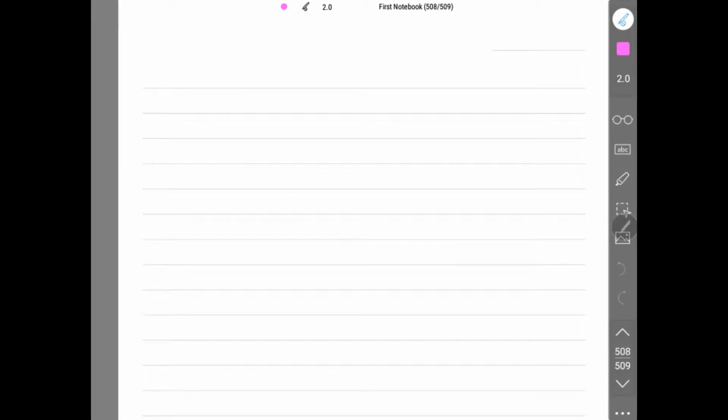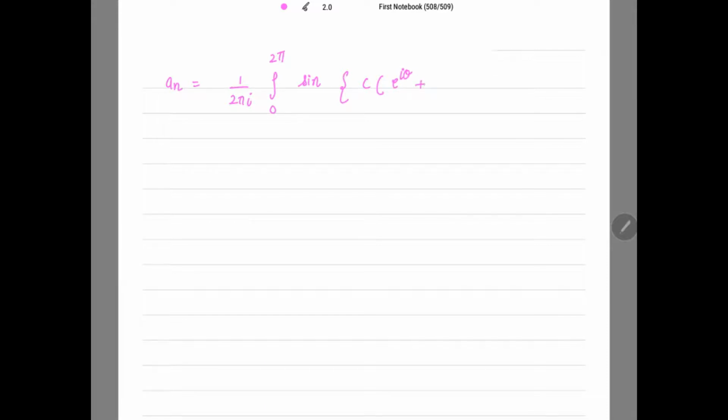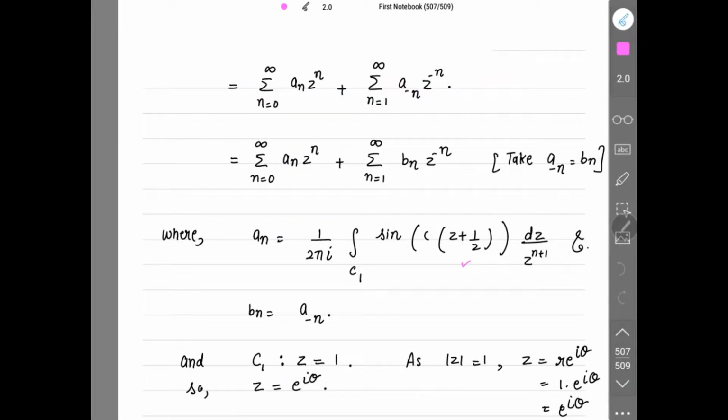So I am putting the values now. a_n is equal to 1 over 2 pi i, integral from 0 to 2 pi of sin(c z, what is z? e to the power i theta, plus 1 over z will be z inverse, which is e to the power minus i theta), and then you are having dz over z to the power n plus 1.